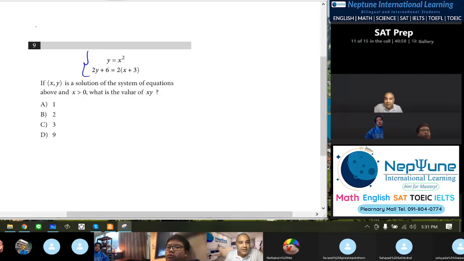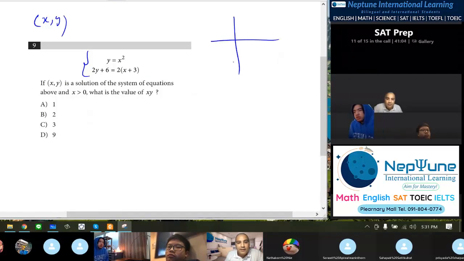This is like y equals x squared, something like this, and this one is something like that. If you want to imagine, then you will have two solutions, one here and one here.